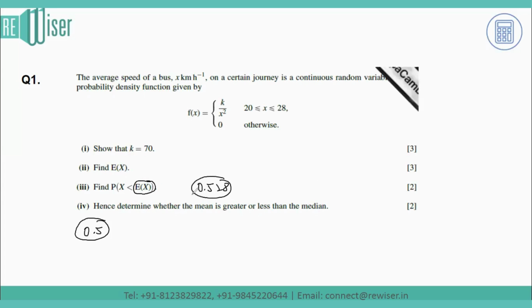So it is greater than 0.5. So we can say that yes, the mean is greater than the median, because the probability of x being less than the mean is greater than 0.5. So the mean will be greater than the median. This will be the solution for all four parts.